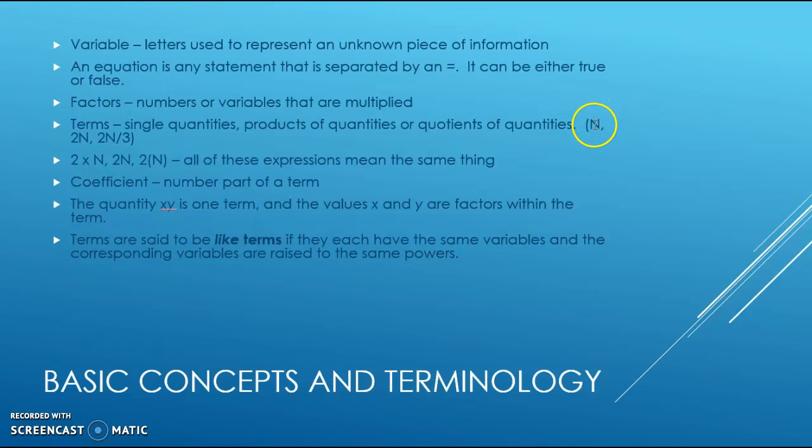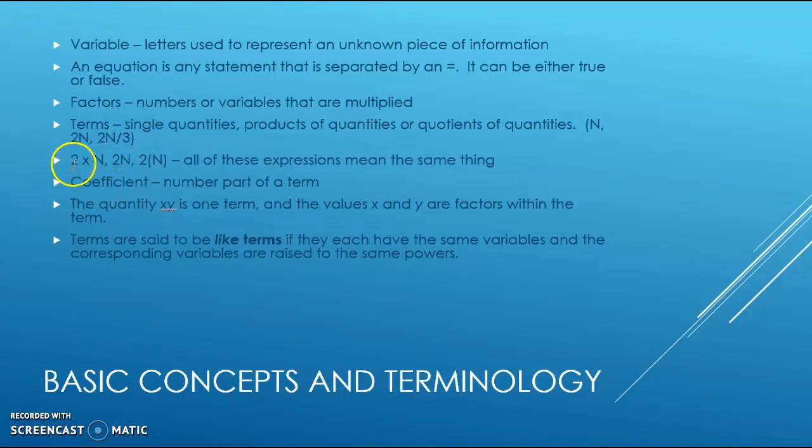It's just a single quantity. However, 2n is also a term because it is a product, 2 times n. And then finally, I've got a combination here, 2n divided by 3. So these are quotients of quantities, a top number, 2n, and a bottom, 3.